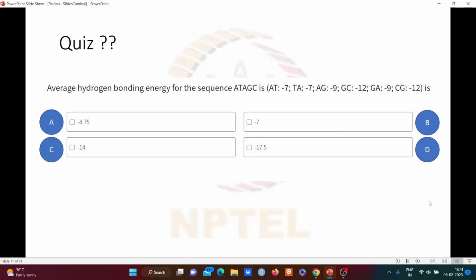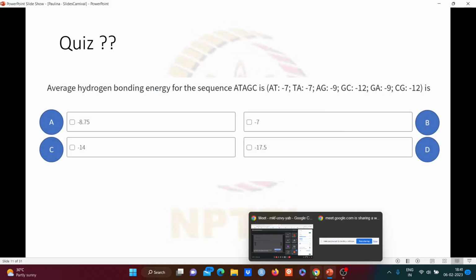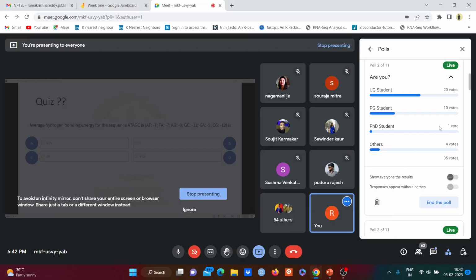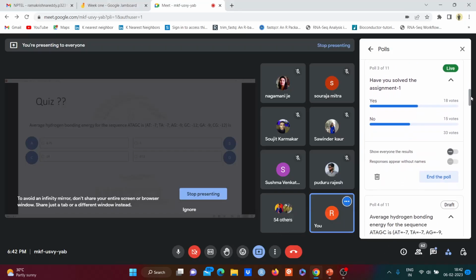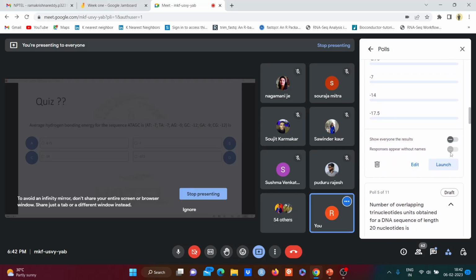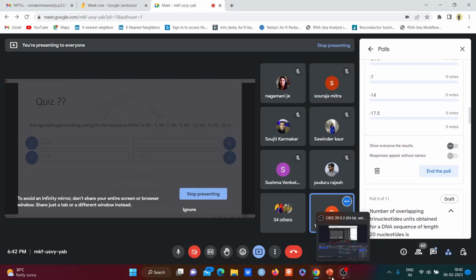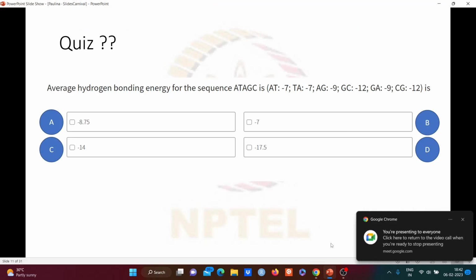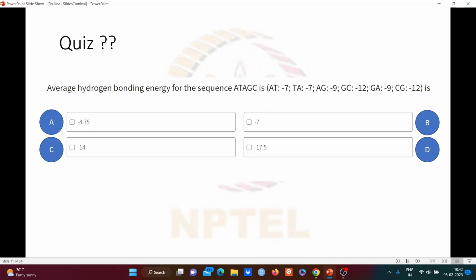Before starting the questions, I have already launched the first question for today, that is, can you calculate the average hydrogen bonding energy for the given sequence ATA-GC?